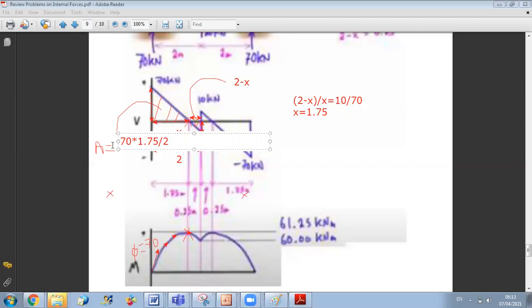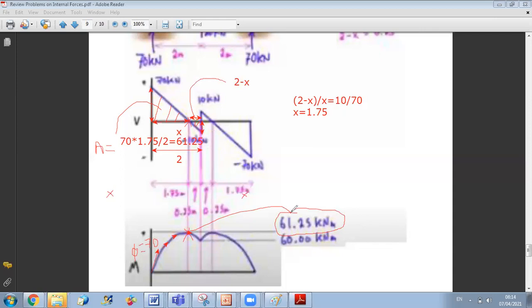This is the area of the triangle. Then my moment should increase to this value. So I will get a value of 61.25. Since my moment starts from 0, then my moment at this point will be equal to the value of the area, because I do 0 plus A.